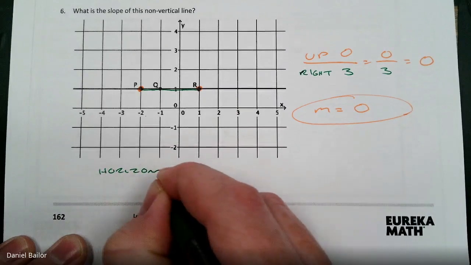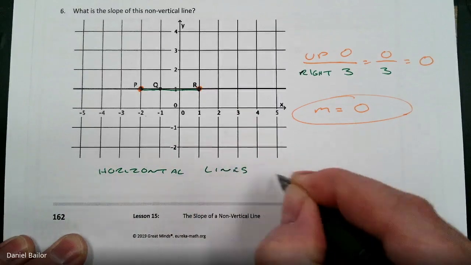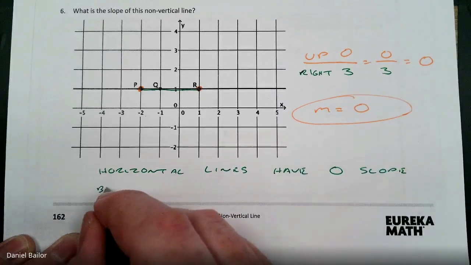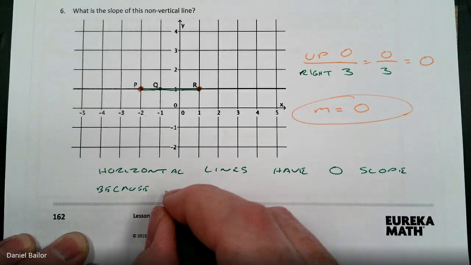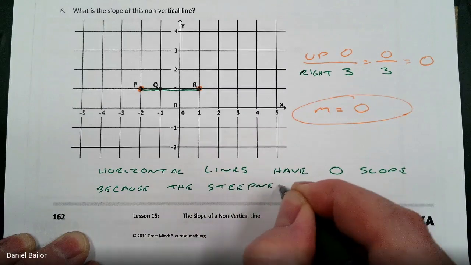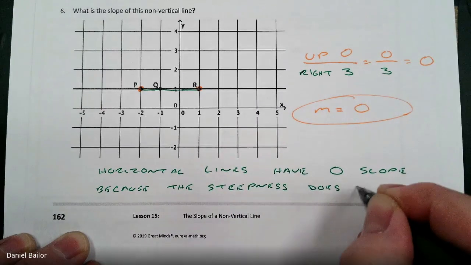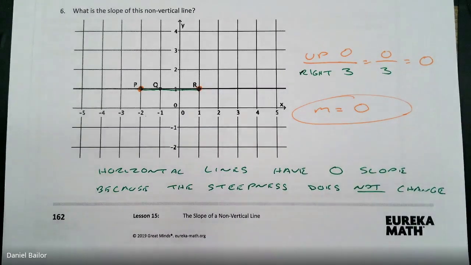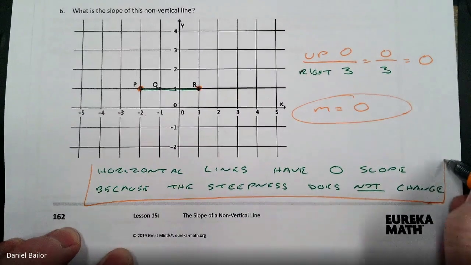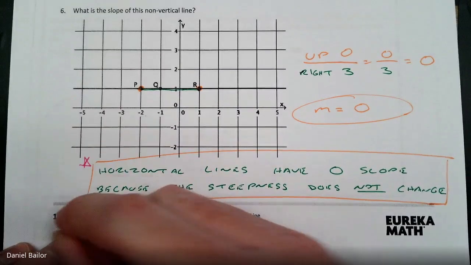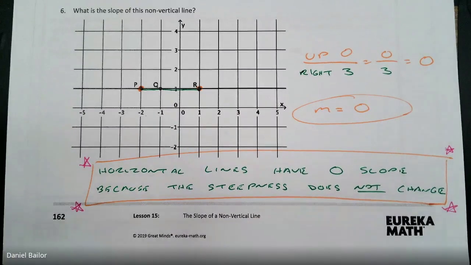Horizontal lines, you can memorize this, have 0 slope because the steepness does not change. That's another thing that you should know. And I'm still going to put a box around it, put stars around it, because that is another fact.